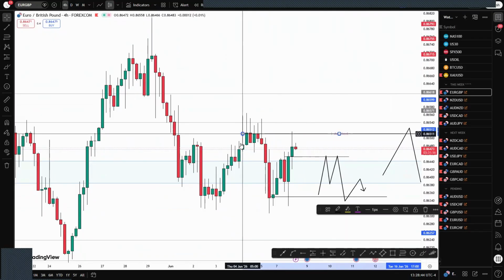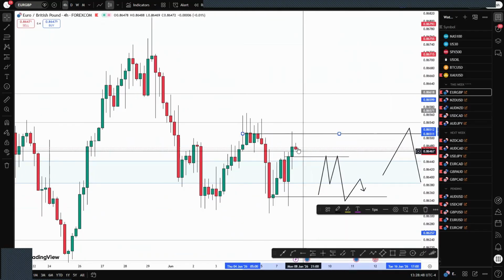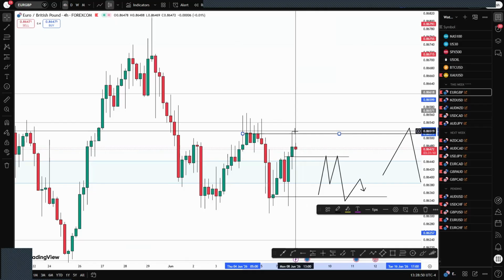So what we'd love to see is price really just breaking above that zone. And once price breaks above that zone, that can be a very nice confirmation. Don't you think so?